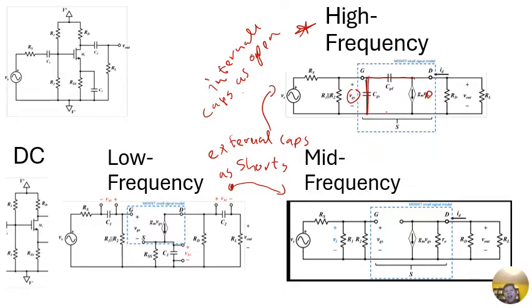And in particular, we want to know at what frequency we can start treating these as short, or what we're going to call omega low, and at what frequencies we need to actually start considering the internal capacitance. Well, sorry, we need to go this way. And that's what we're going to call omega high.